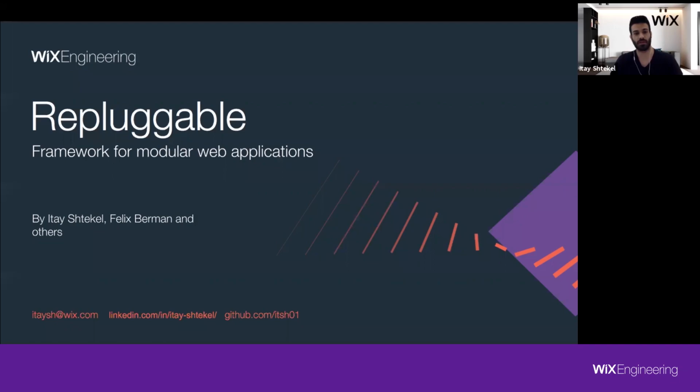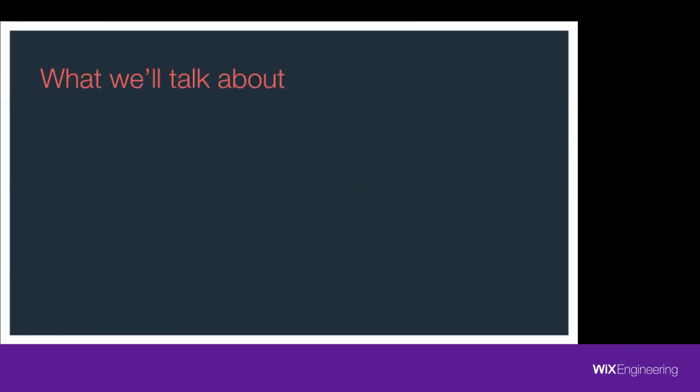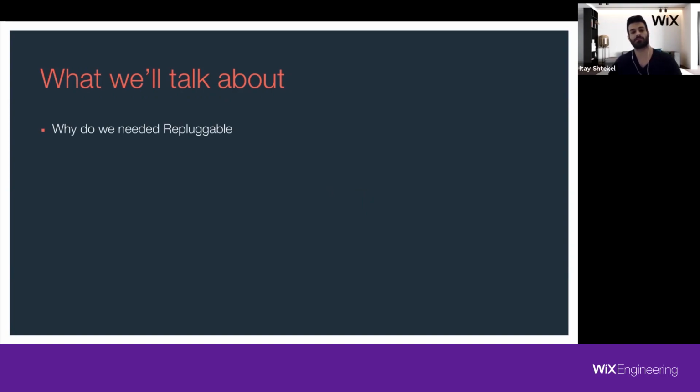So what we're going to talk about today. First of all, I'm going to explain what led us to writing this library and what were the issues and the challenges. Then I'm going to explain how the concept of Repluggable works and how we built Repluggable. The next thing is I'm going to explain about the entities in Repluggable and how stuff inside Repluggable connects.